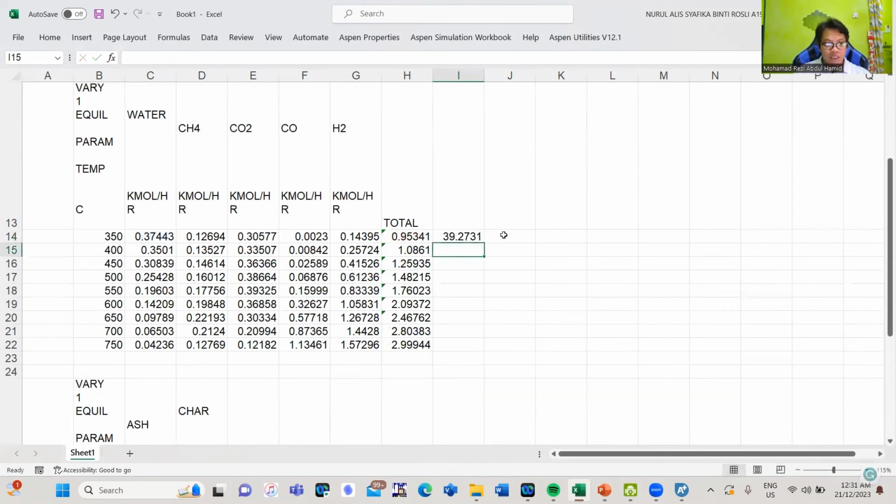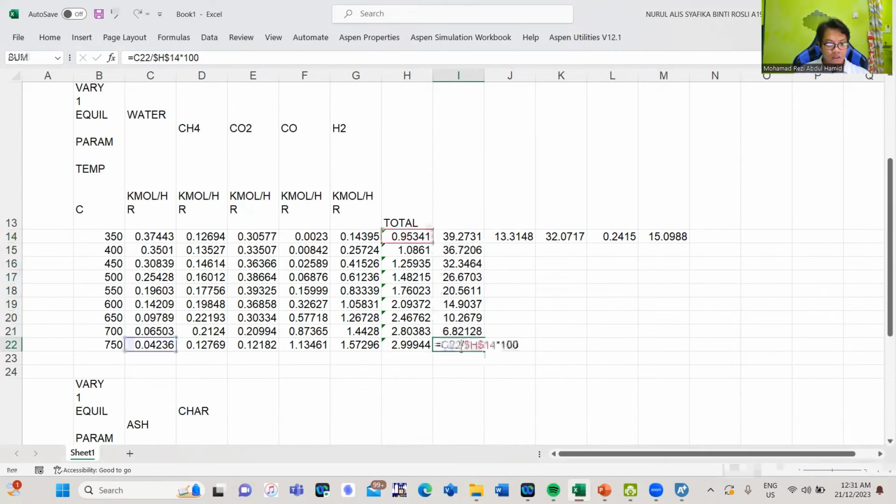I think it should be like this. I could be wrong though. And then you do it for all gases, and for this one as well. Okay, now I need to do a correction. This should be this guy.